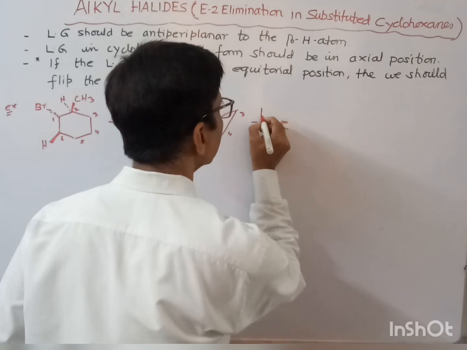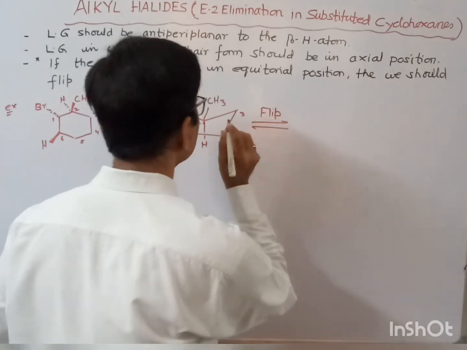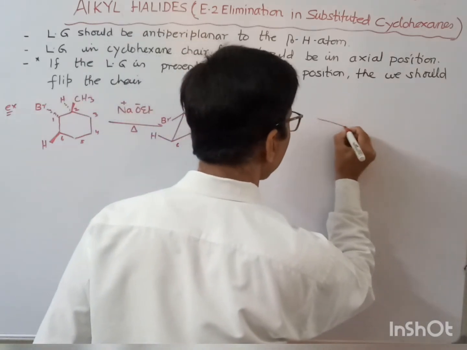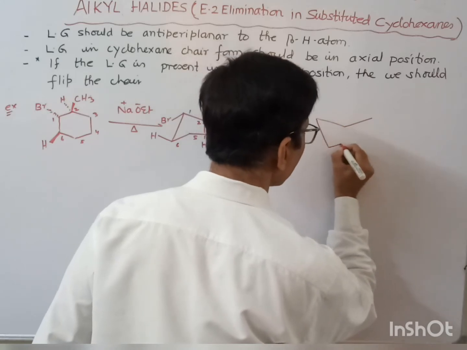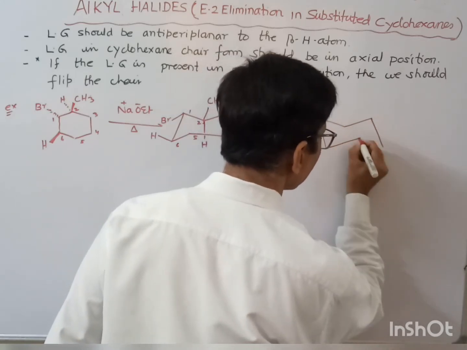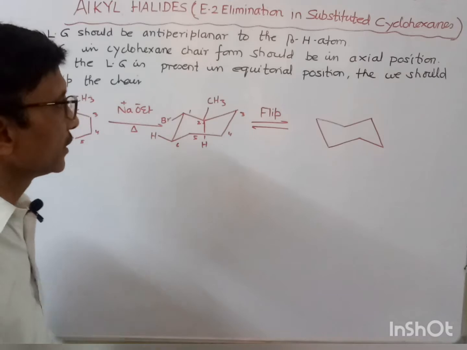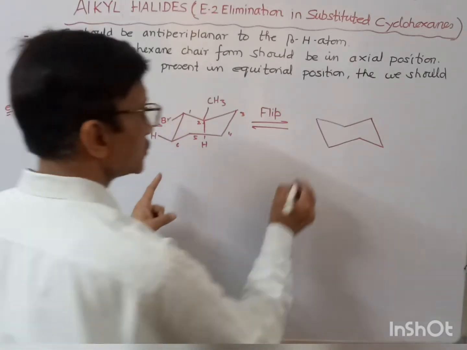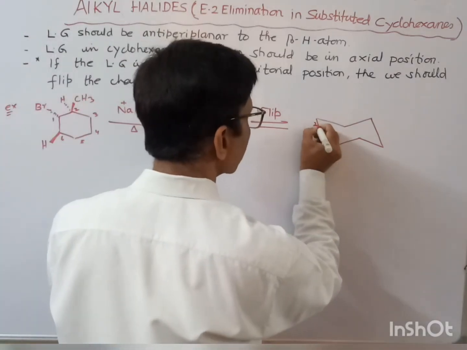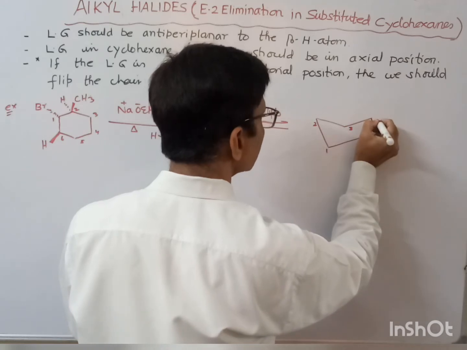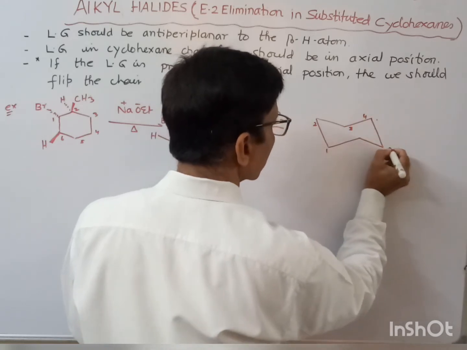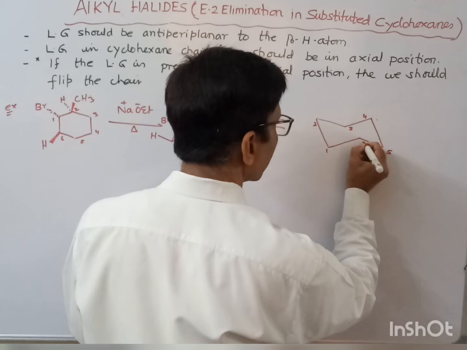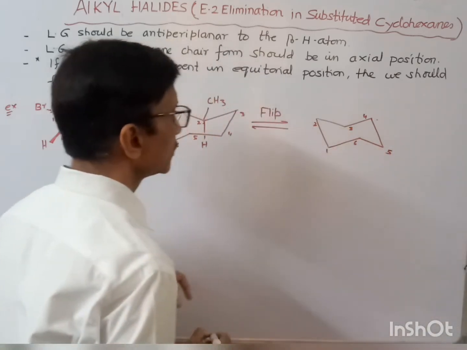If we flip it, what will happen? Suppose this is our first position, now the 2nd position, 3rd, 4th, 5th, and this is our 6th position.